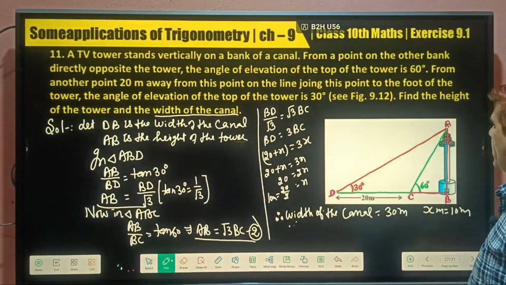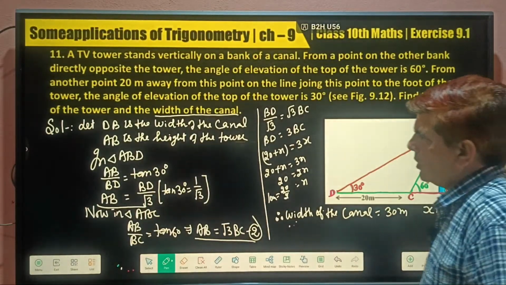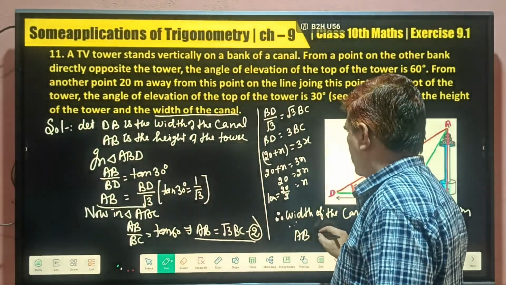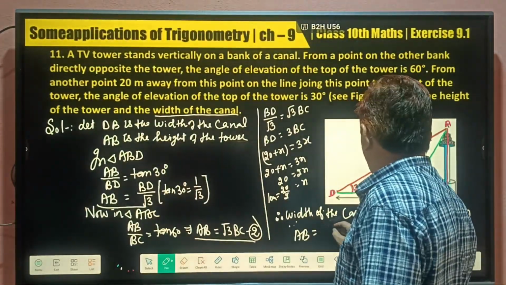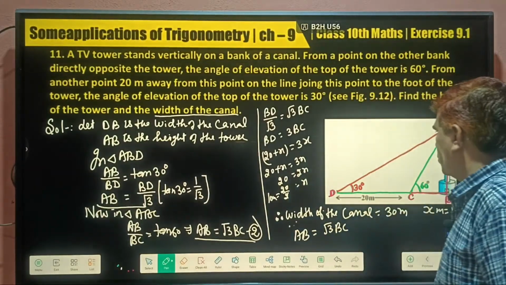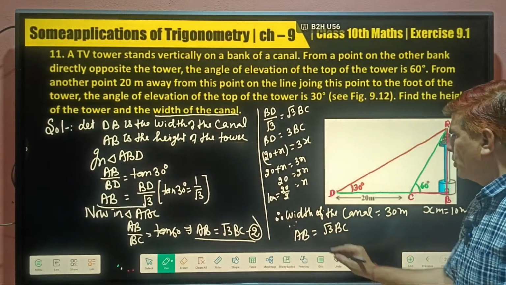Find the height of the tower. What's the height of the tower? AB. And what's your AB? AB equal to under root 3 BC, and BC equal to 10.